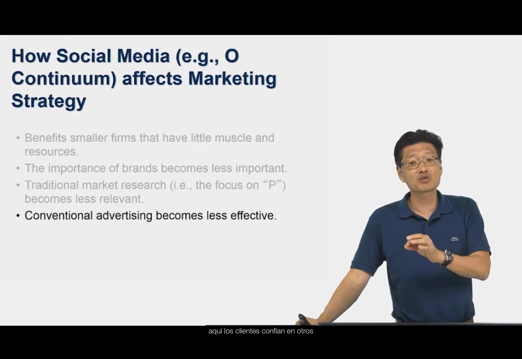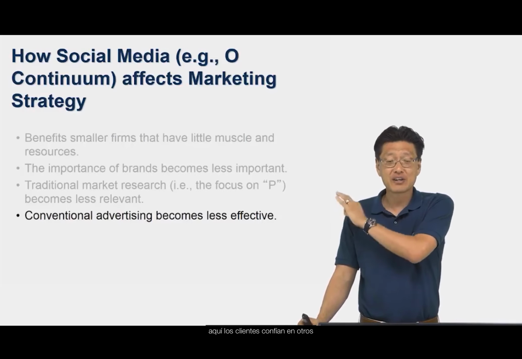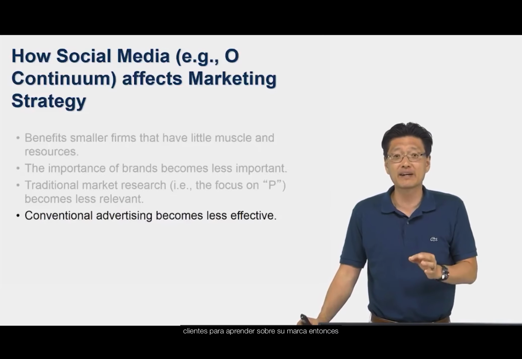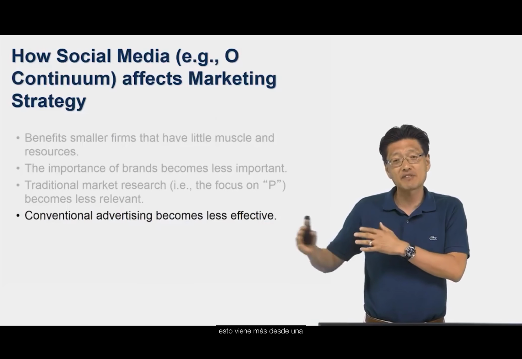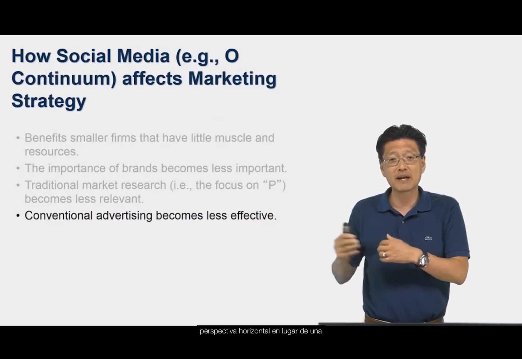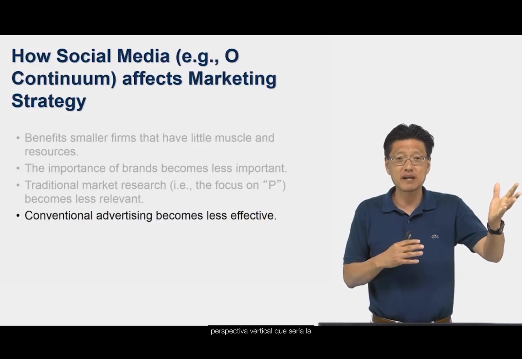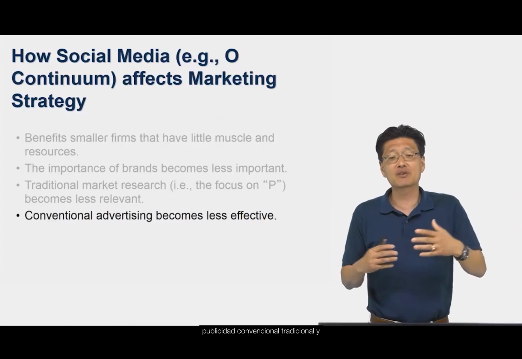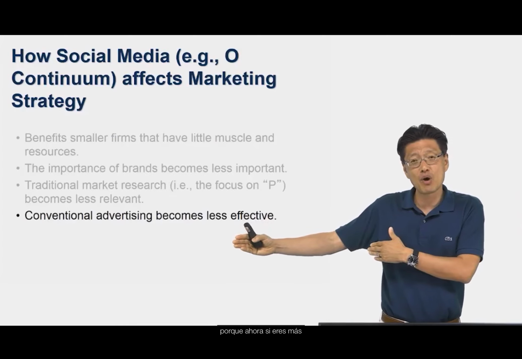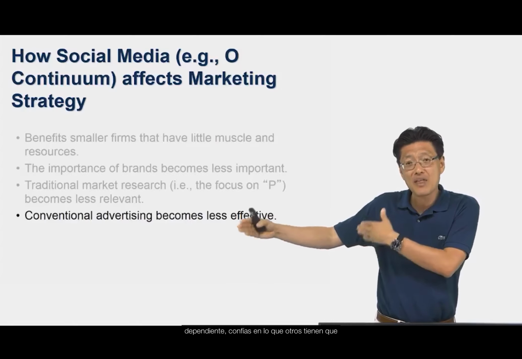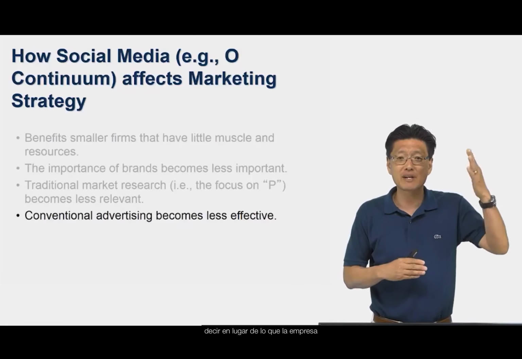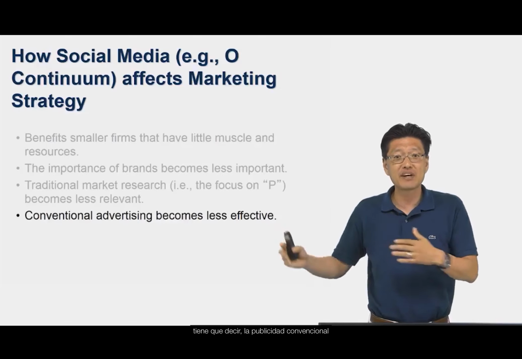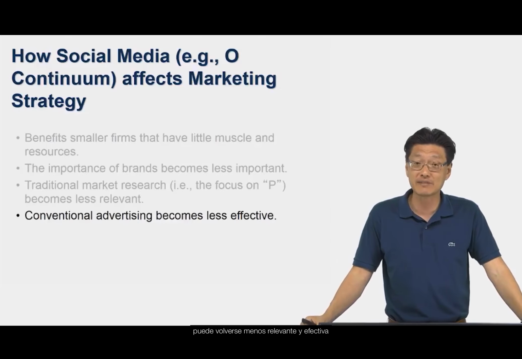Here, the customers rely on other customers to learn about their brand. So this is more coming from a horizontal perspective as opposed to a vertical perspective, which would be the traditional, conventional advertising. And if you're more O-dependent, you rely on what others have to say as opposed to what the company has to say, so conventional advertising may become less relevant and effective.